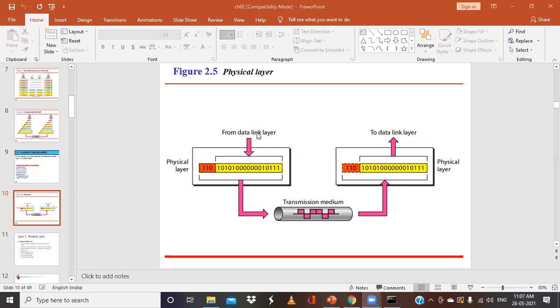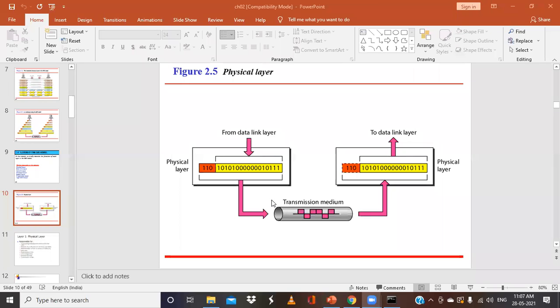Frames. Exactly. If you consider this as the source side and this as the receiver side, it gets the data from the data link layer, which will be in terms of frames. It will break all those frames and make them into zeros and ones. Why does it have to make them zeros and ones? Because at the physical layer level, the communication will be in terms of wires.